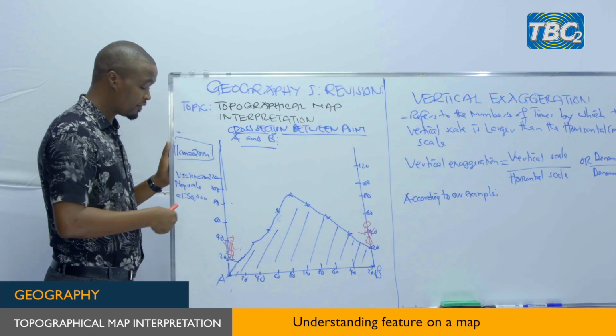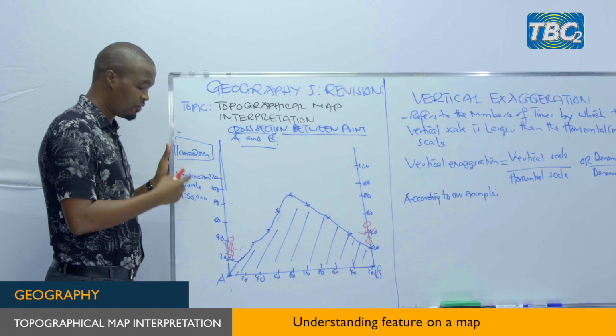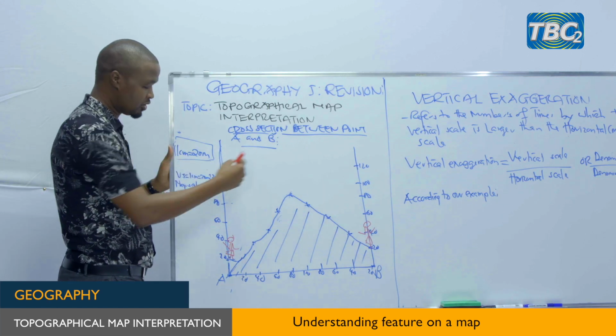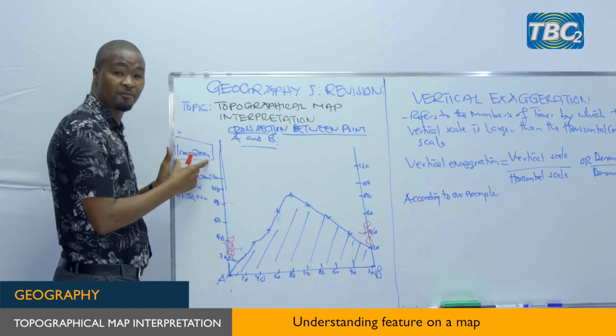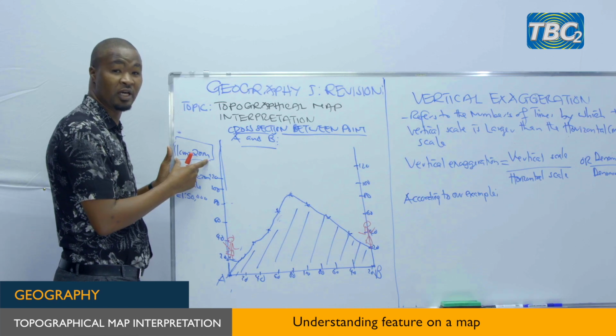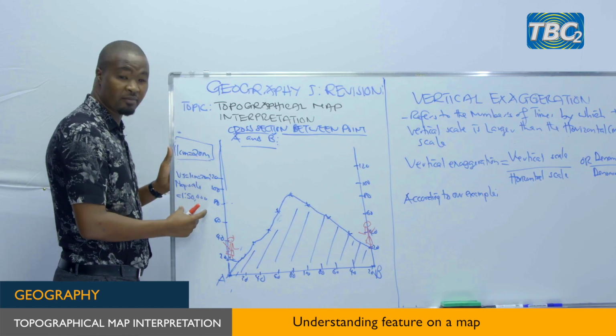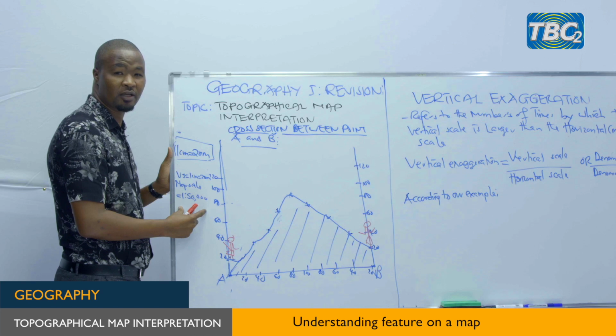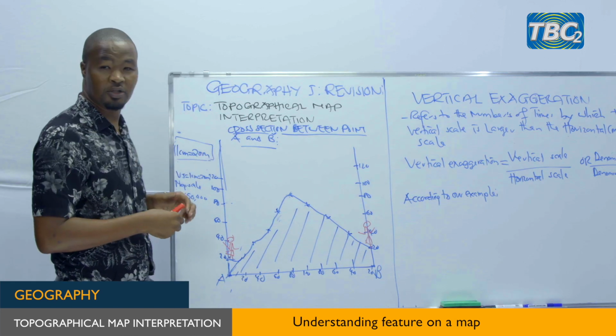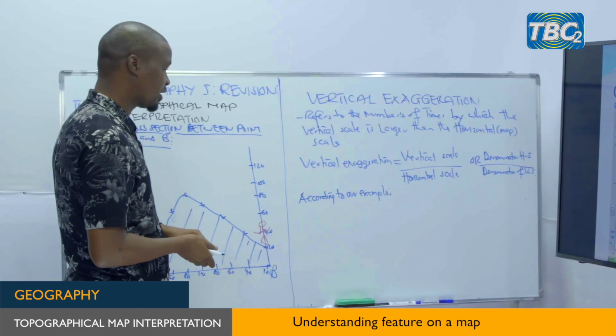So if you want to find the vertical exaggeration, you have to take the vertical scale that you have assumed, divided by the map scale or the horizontal scale given. So let's see how to find the vertical exaggeration.